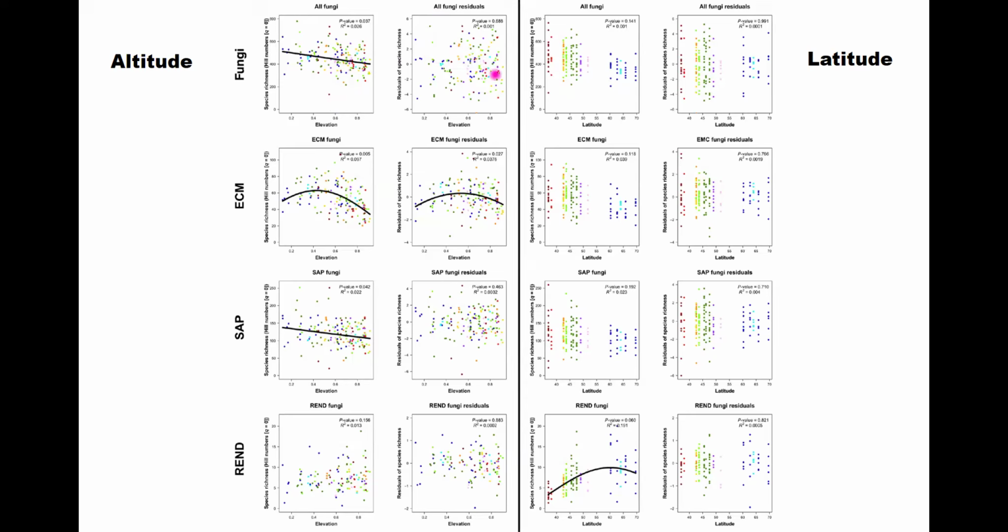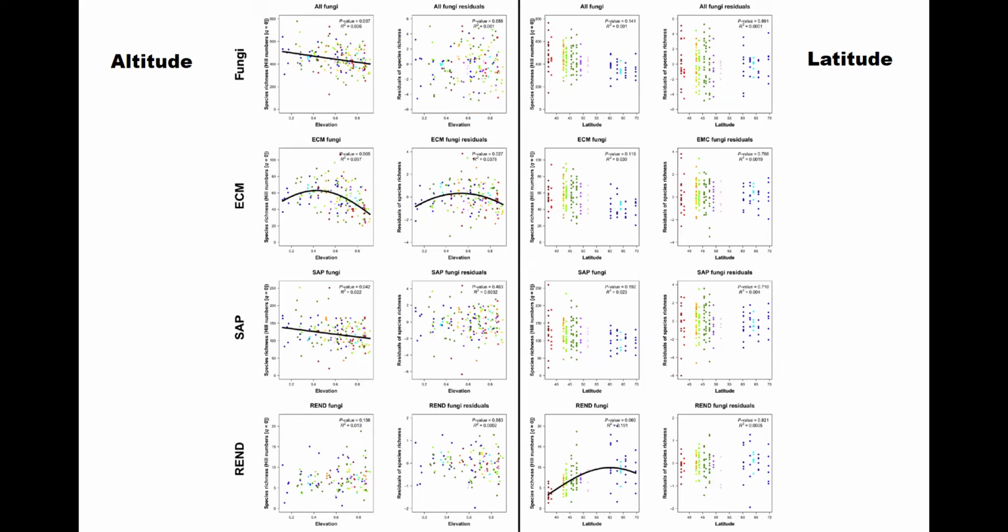If we account for the effect of climate in the case of all fungi, we see that suddenly the decreasing diversity pattern disappears. So this is telling us that behind the decreasing diversity that we see here is the climate itself. Because when we exclude the effect of the climate on the fungal species richness, we do not see any pattern anymore in the data.